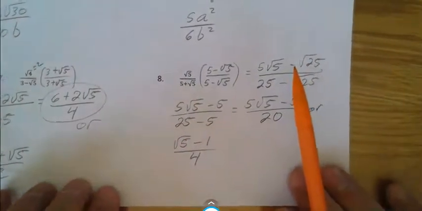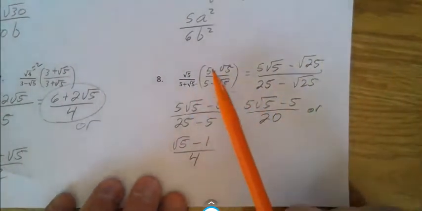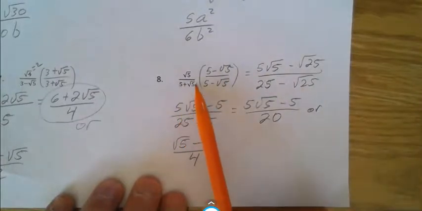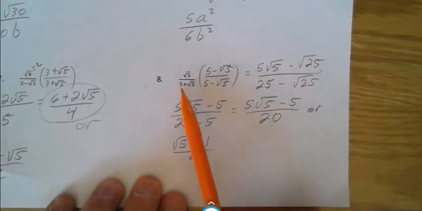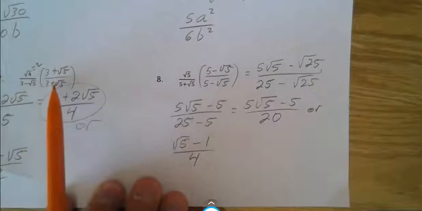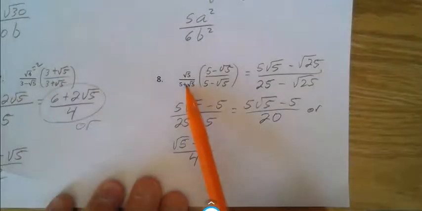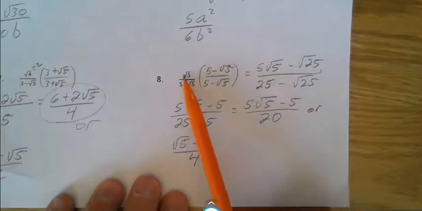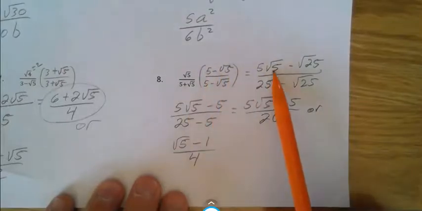Number 8, same thing. I need to figure out, what am I going to multiply by? Okay, so I'm going to multiply by this exact same thing, except the sign is going to be different. Here it was minus, so I multiplied with pluses. Here it's a plus, so I'm going to multiply with minuses. Square root of 5 times 5 is 5 square root of 5.